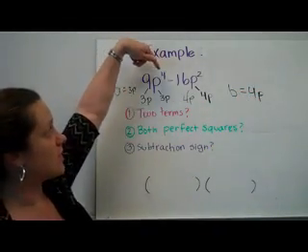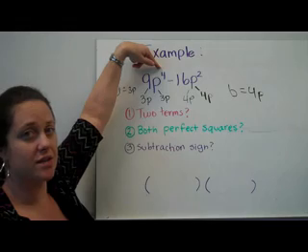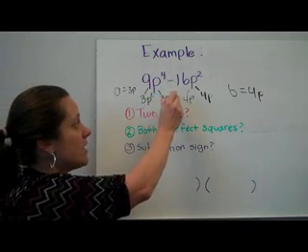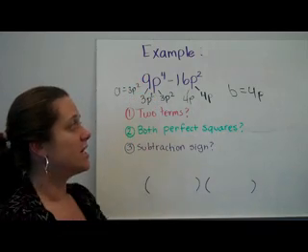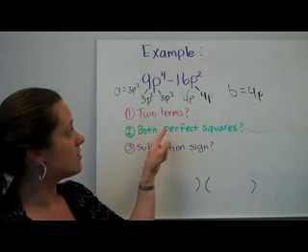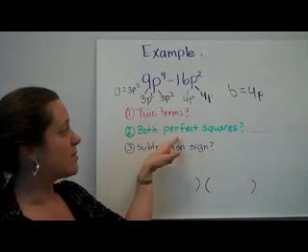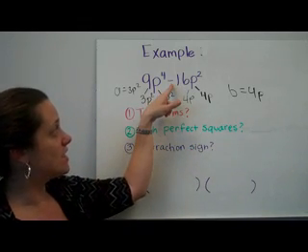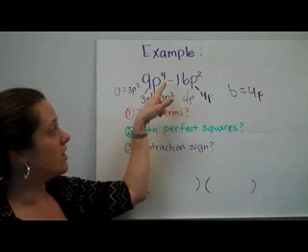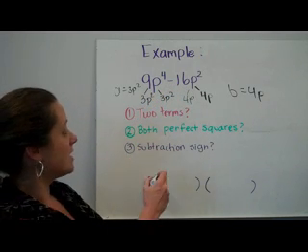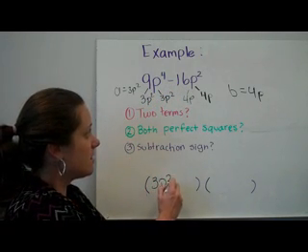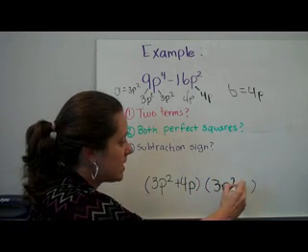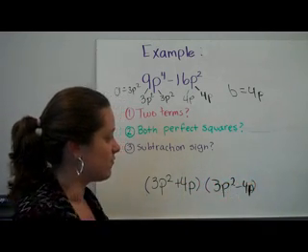Now, I should have noticed here that there is a 4p to the fourth, so if I'm going to split this up, it's going to have to be 3p squared and 3p squared. So are there two terms? Yes. Are they both perfect squares? Yes. Is there a subtraction sign? Yes. Okay, so then I can write it as 3p squared plus 4p and 3p squared minus 4p.